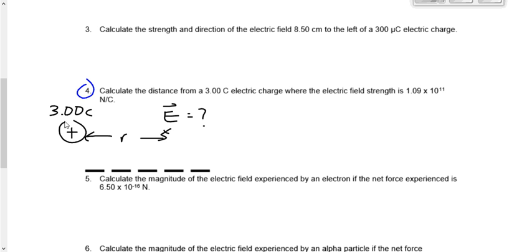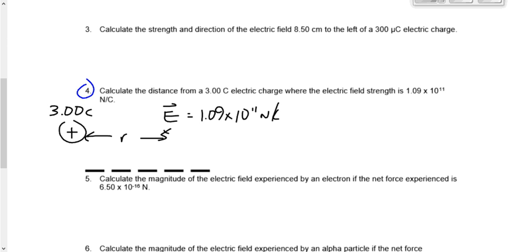I know that electric field, right? It's 1.09 times 10 to the 11 newtons per coulomb. Does that 3 coulomb charge produce or does it experience that field? Is it causing it or feeling it?